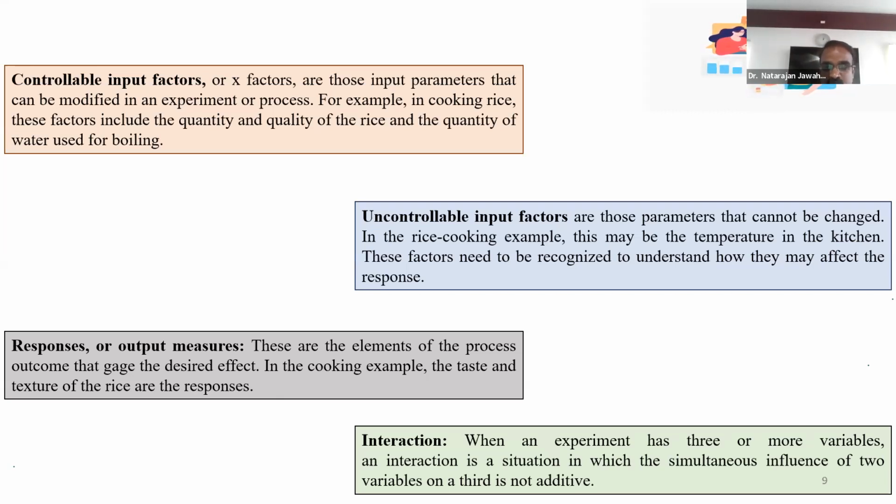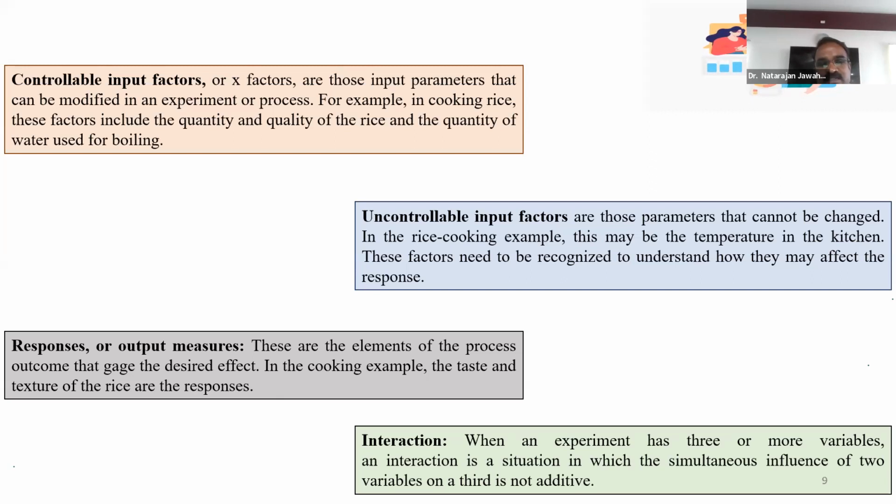An interaction is a situation where the simultaneous influence of 2 variables on the third is not additive. So maybe the quantity and quality of the rice will influence the response more than the quantity of water used. Or sometimes the quantity of rice and the quantity of water used will have some effect on the rice boiling.